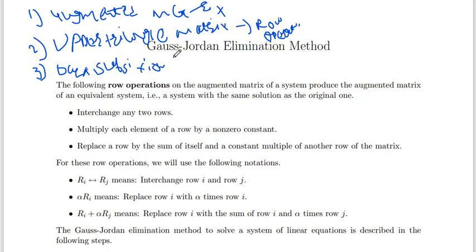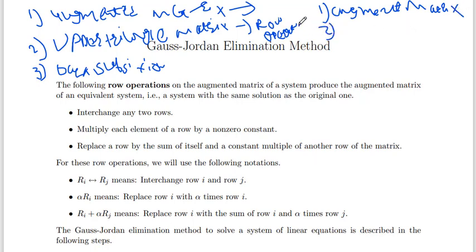Now what are the steps in the Gauss-Jordan elimination method? First of all, the augmented matrix step remains the same. We transform the linear equations into an augmented matrix. In both methods the first step remains the same.